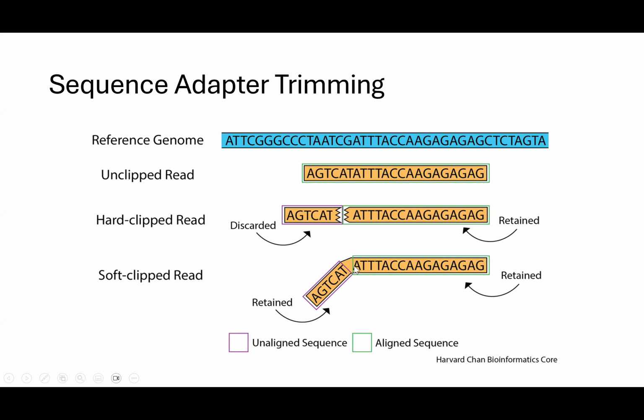If it finds a good alignment in the middle, but this little edge is not aligning, it will allow that and assume that it is some sort of sequencing adapter or extra DNA that's not of interest. So you have to play around with those settings. In general, it's probably best to just go ahead and trim the sequencing adapters in the beginning. There is software that can do that, and then you don't have to worry about this issue. But a lot of the newer aligners will still give you a pretty good alignment, even if you don't trim the sequencing adapters.